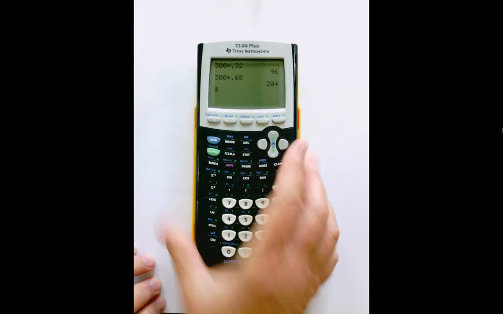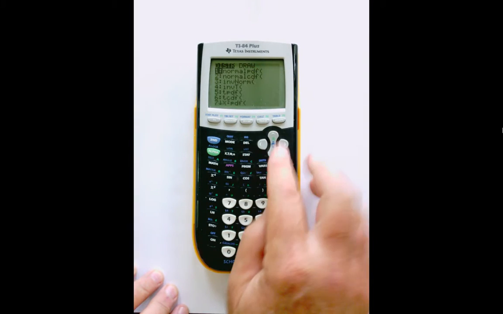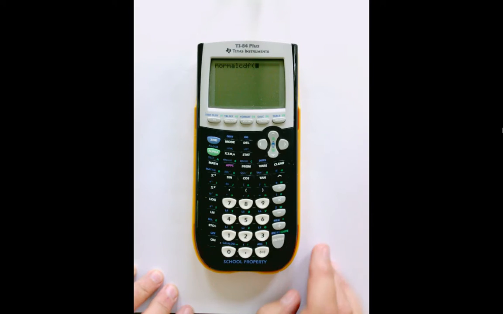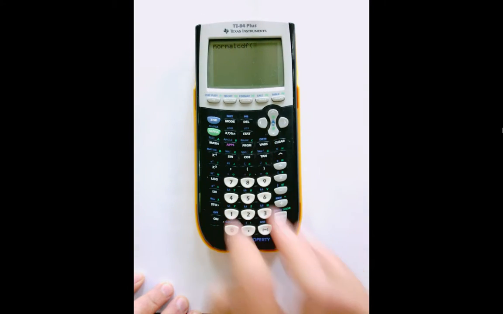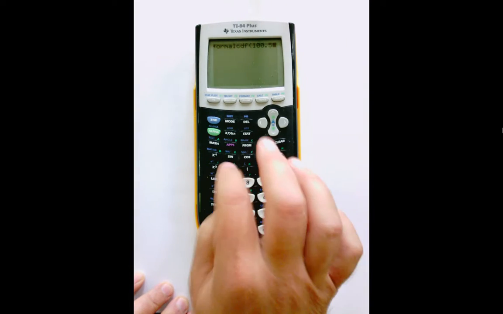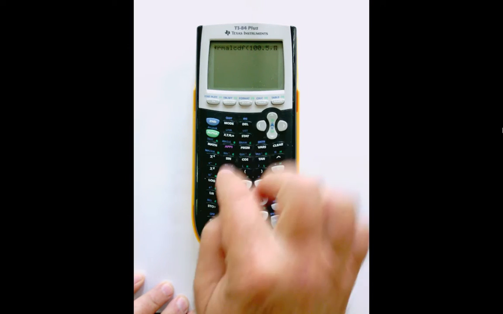So what I want to focus on to make my calculation here is second, normal CDF. So I'm at 100.5 up to E99.